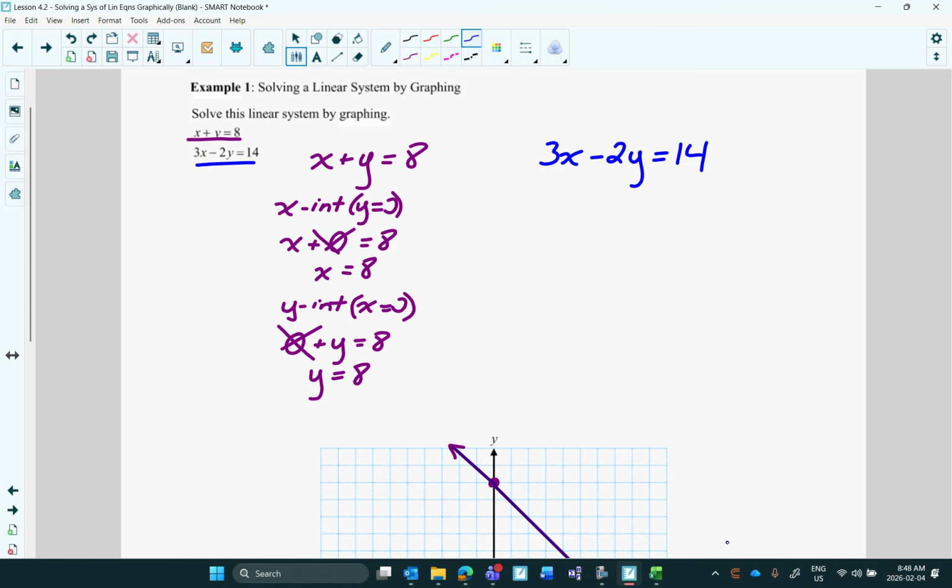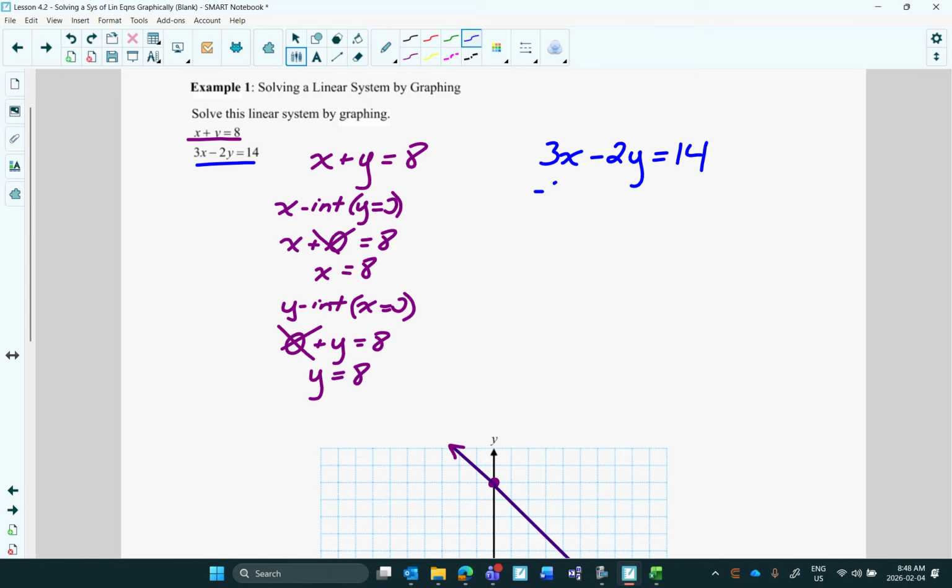So in this case, normally I would use intercepts, but in this case, I'm going to do the y-intercept. So I'm going to solve for y. So I need to get y by itself. Right now, there's a 3x beside it and a times -2 right beside it. I get rid of what's furthest away first.